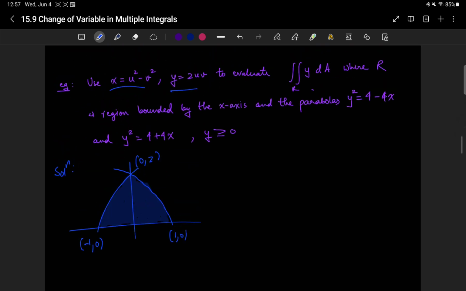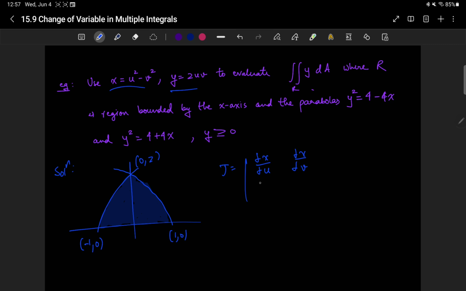So this one is just showing you, if you know what the substitution should be, what the calculations would look like. And the next example will show you, if you don't know, how do you figure out the substitution. So here, since it's already given to you, the Jacobian can be found.